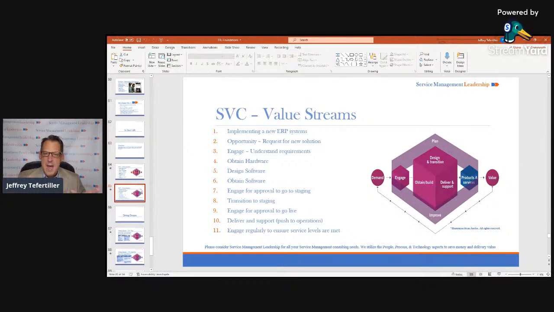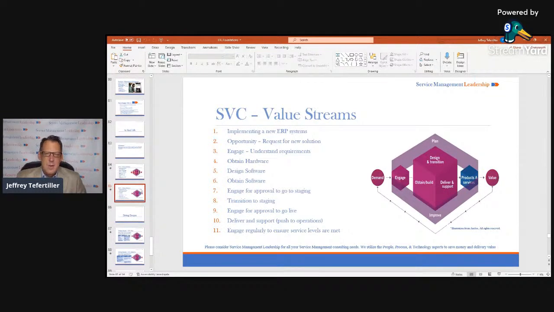You'll engage back with your stakeholders for the approval to move it to test or QA, whatever your organization calls it. You'll transition, you'll engage again for approval to go live. You'll deliver and support it, and you'll continually engage.